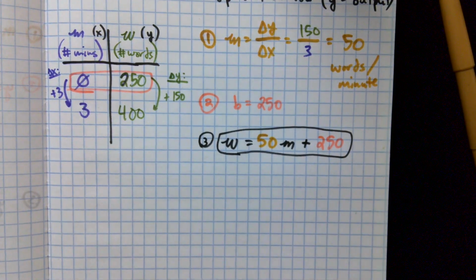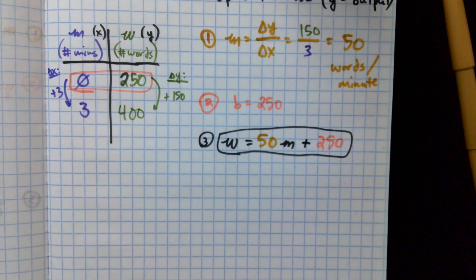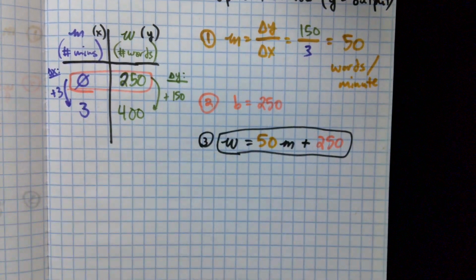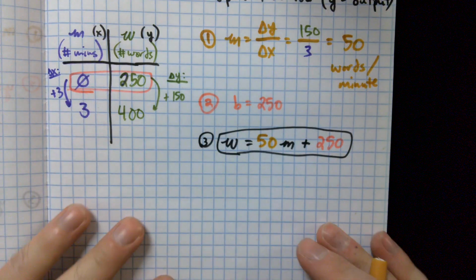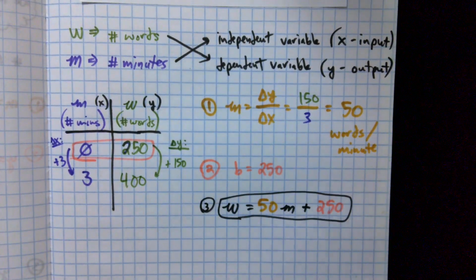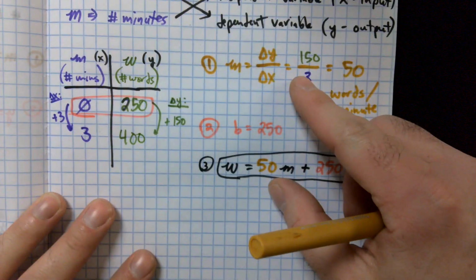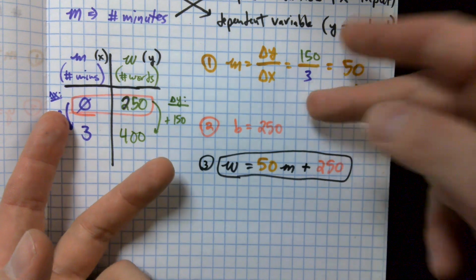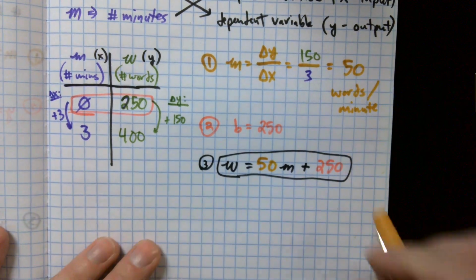That's why word problems can be annoying. Because sometimes it's going to give you different variables, which means we have to put a little bit more thought into which of these is my X and which is my Y. Why is that important? If I had them backwards, I would get a slope of 1 over 50.